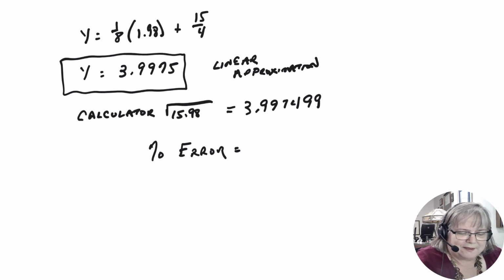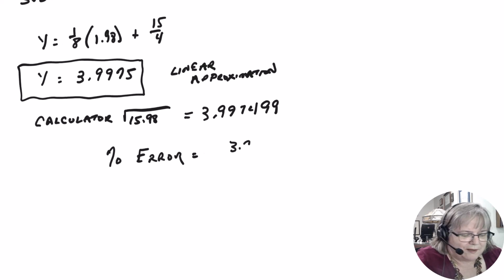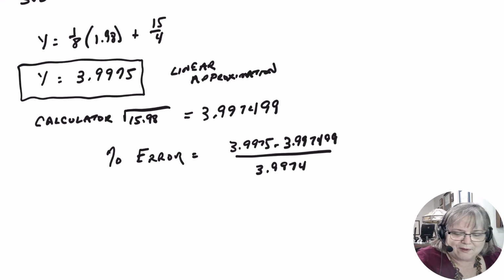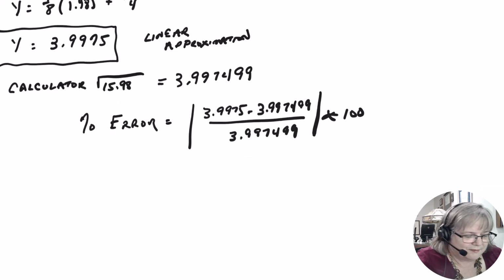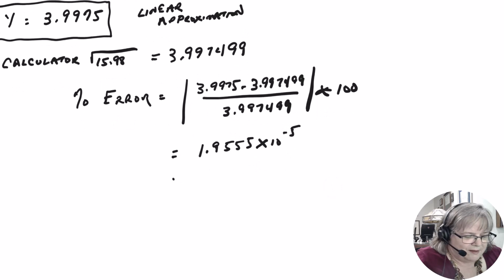Okay, so it is 3.9975 minus 3.997499 over 3.997499 times 100. So this is 1.9555 times 10 to the minus 5.